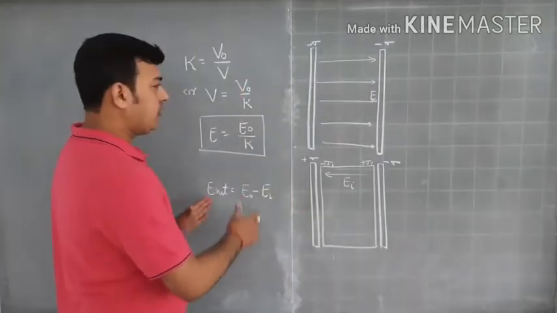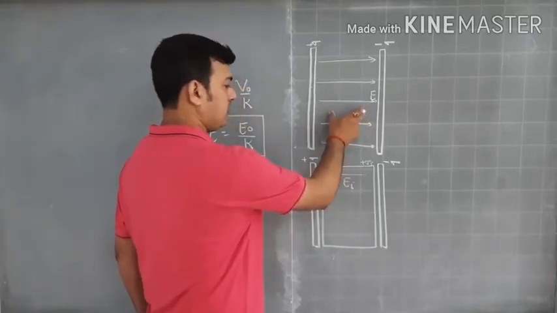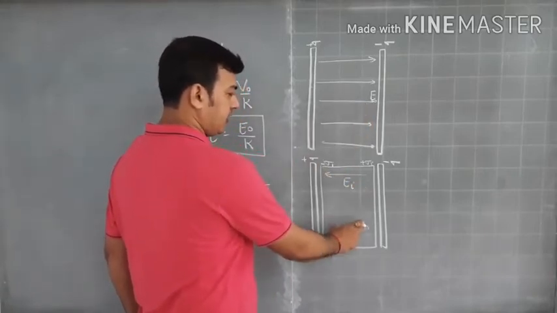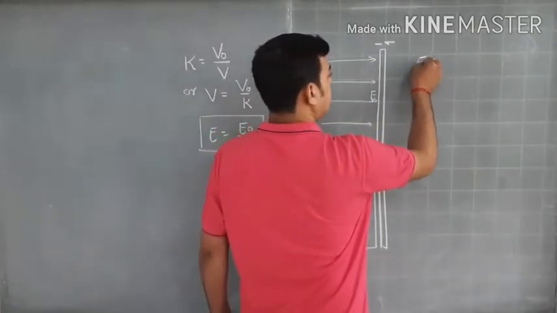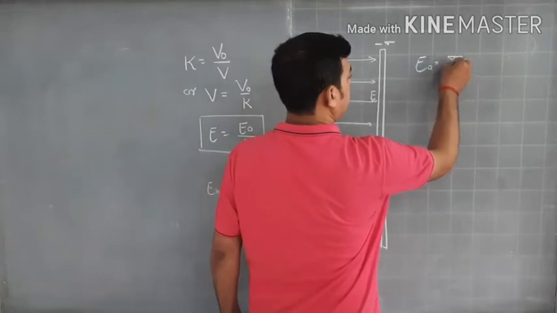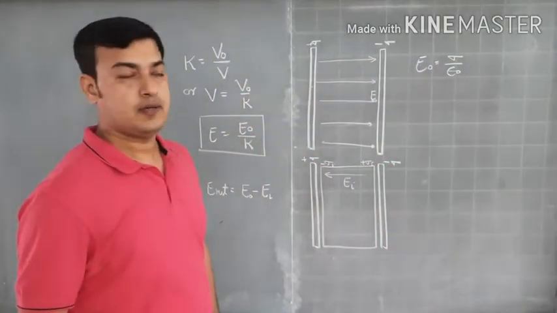Now, if I find the field when there was no dielectric, and in this case when the dielectric is present between the plates of the capacitor, I can write that when there is no dielectric, the electric field between the plates is sigma by epsilon naught.